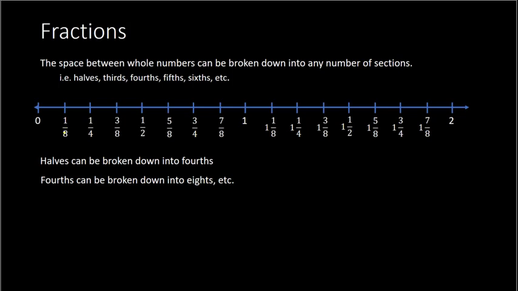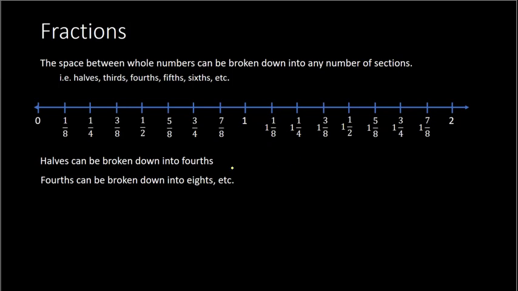So we have 1/8, 2/8 or 1/4, 3/8, 4/8 or 1/2, 5/8, 6/8 or 3/4, then 7/8, then 8/8, which would be 1, then 9/8, 10/8, 11/8, 12/8, 13/8, 14/8, 15/8, and then 16/8 would be 2. All right, so we simplified, if possible, to get 1 1/4, 1 1/2, and 1 3/4. And we could keep breaking down further, 8ths into 16ths, 16ths into 32nds, etc.